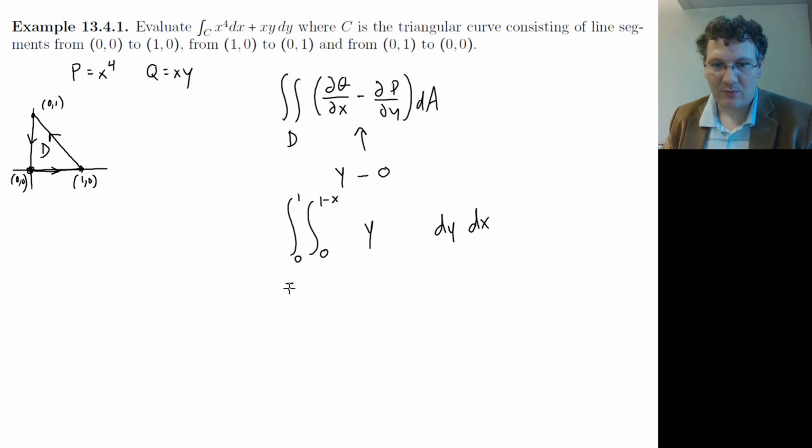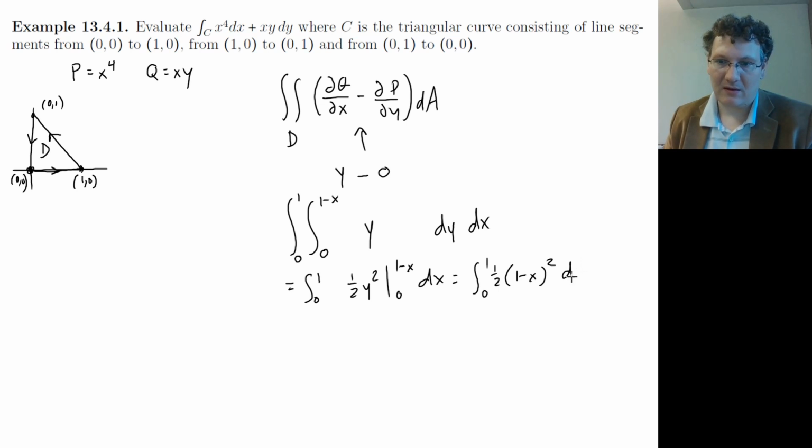So this is the integral from 0 to 1 of 1/2 y squared from 0 to 1 minus x dx. So this is going to be the integral from 0 to 1 of 1/2 times (1 minus x) squared dx. The integral of this is going to be (1 minus x) to the third, but with a 1/6 now.